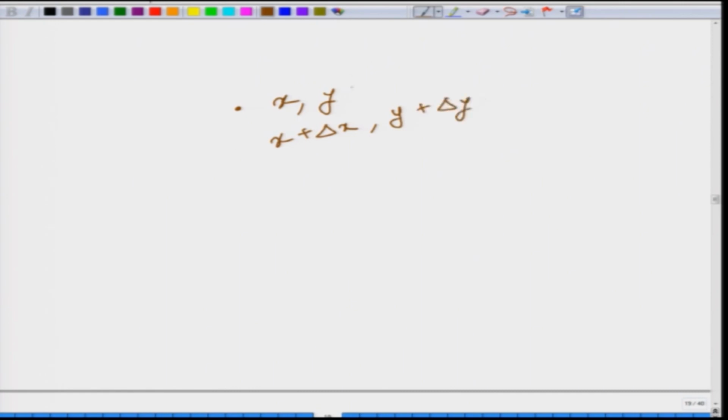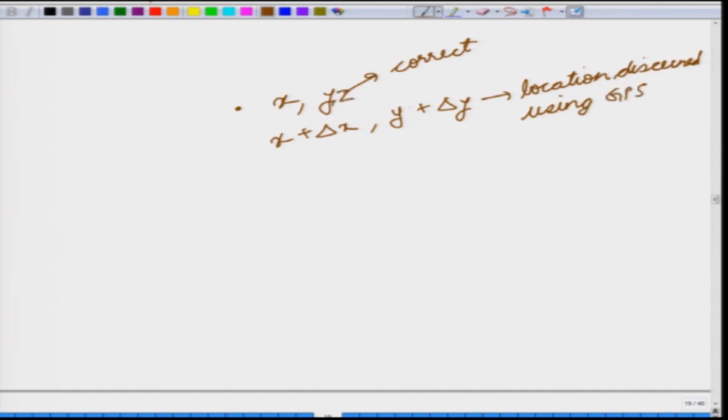So, this is the correct location, and this is the location discerned using GPS. Or in 3 dimensions: x, y, z, and the discerned location is x plus delta x, y plus delta y, and z plus delta z. So, this is your location that was discerned using the GPS.